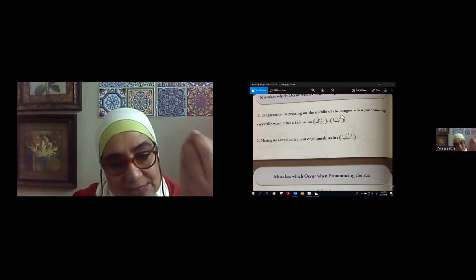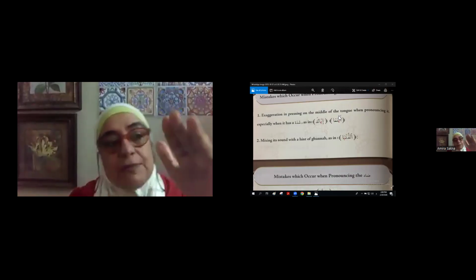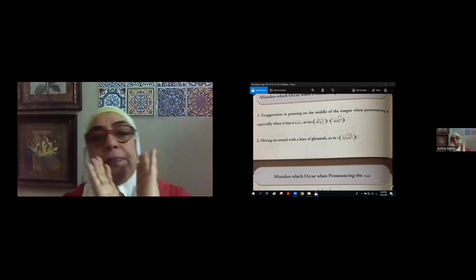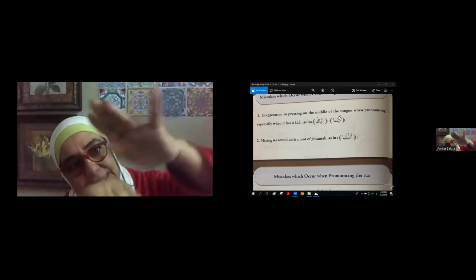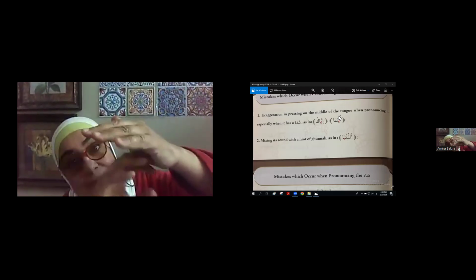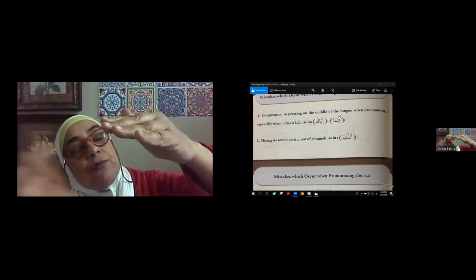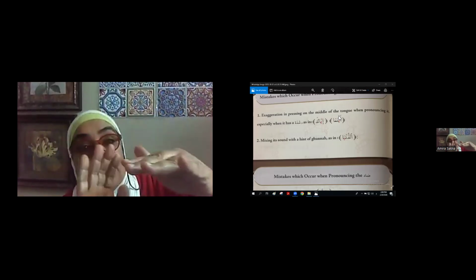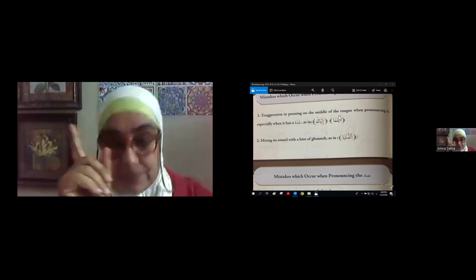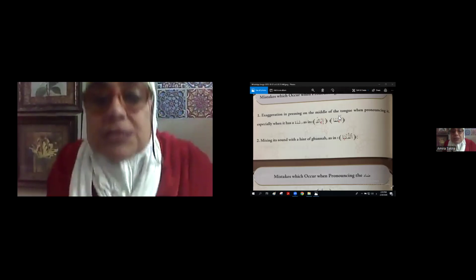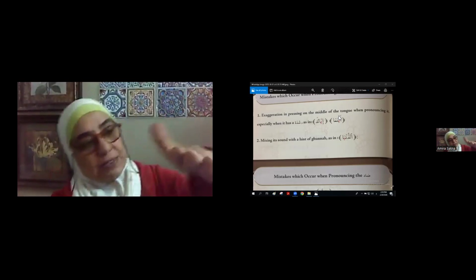My dear sister, we said that the ya, in any case, is from the middle part of the tongue with the middle of the upper palate. And we said that there is a space in between the upper palate and the middle part of the tongue. From this distance, we allow the flow of sound. It's a rakhwa letter, a loose letter, a soft letter, okay? And there is no flow of breath. So we allow the flow of sound to pass through this distance.